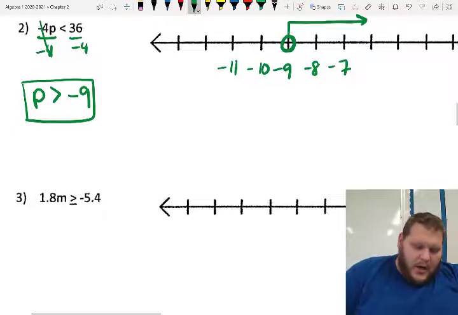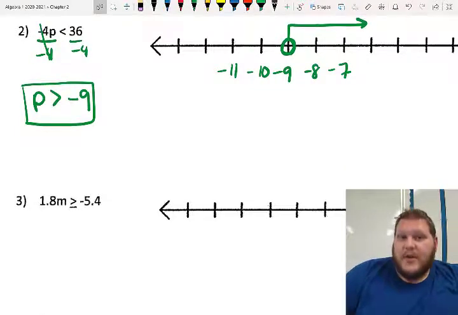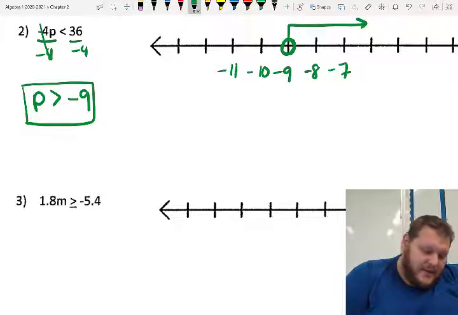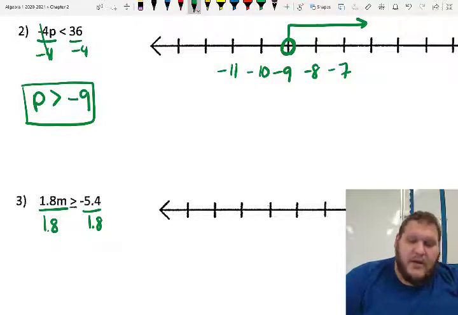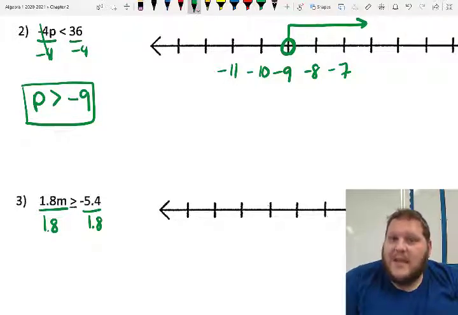Okay. All right, for number 3, it looks a little intimidating because it's a decimal, but I still have a number times my variable, so I have to make sure I'm doing division in order to get that by itself. So here I divide 1.8 on both sides. Now here, make sure you're careful because the thing that I'm dividing on both sides is positive.